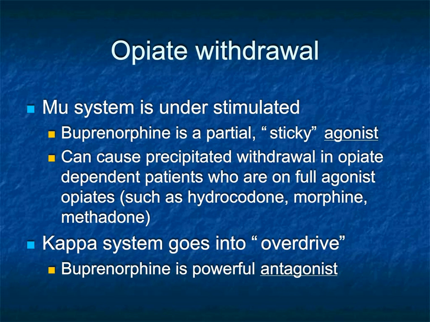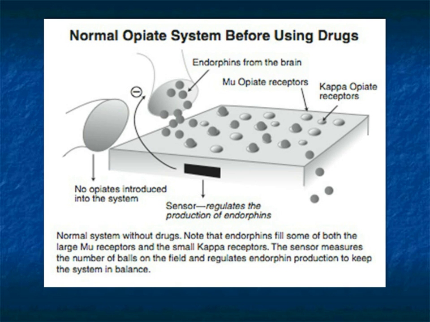And that's why people go into withdrawal. And it's sticky and it likes to stay there. So it gets rid of the full agonist preferentially and then doesn't do quite the same job. So that is very important, and as I mentioned, it's a very powerful antagonist of the kappa system, which is an important thing. So let's have a quick look at this opiate system.